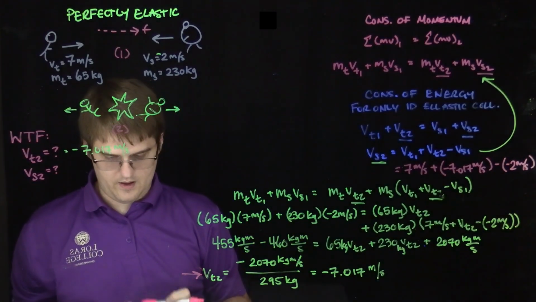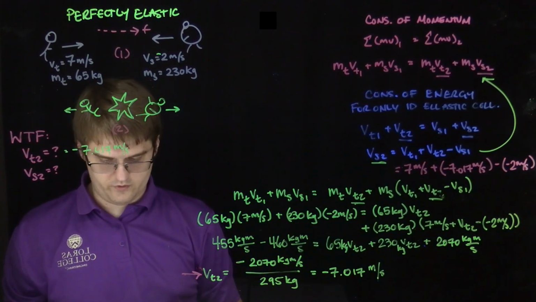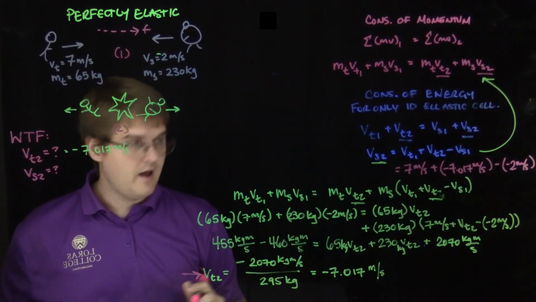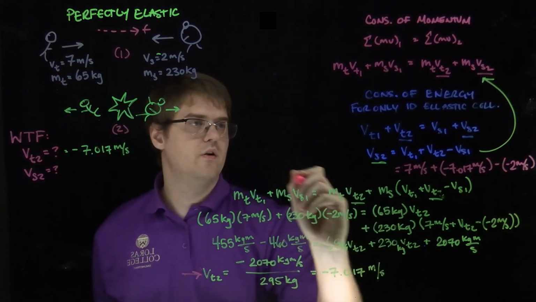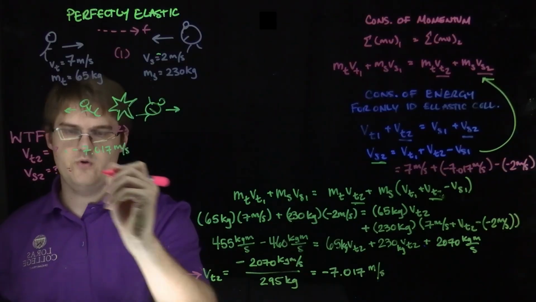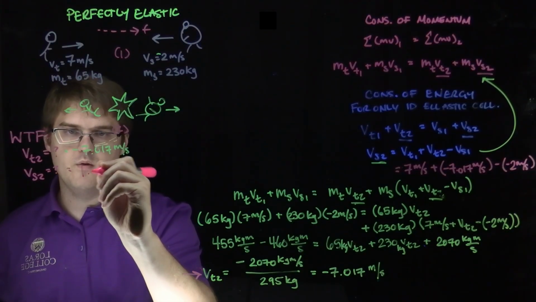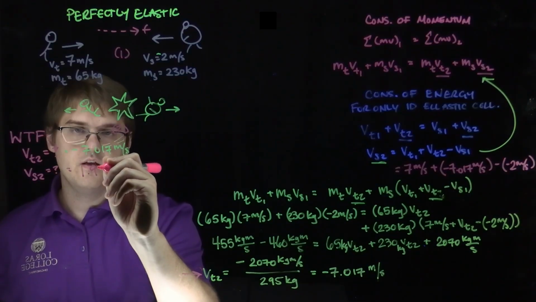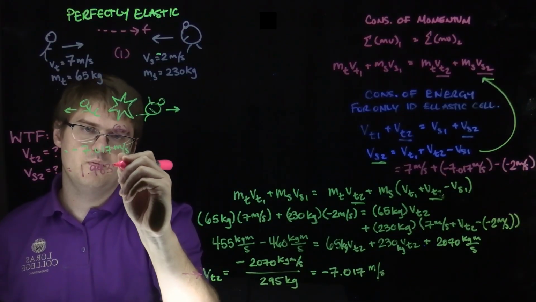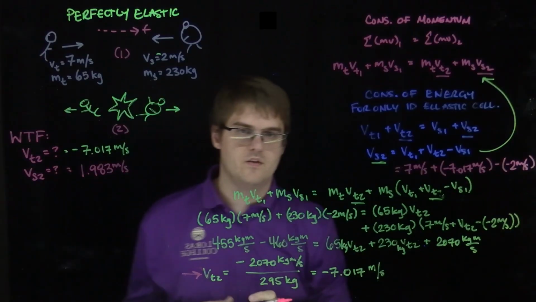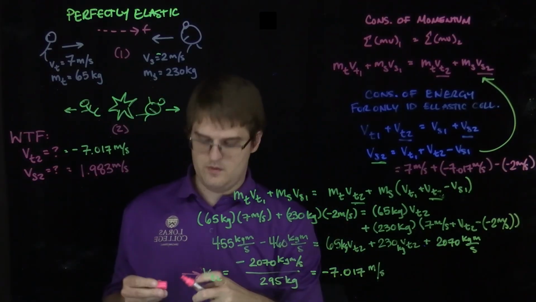I add all of those up. I get that the velocity of the sumo wrestler at 2 is now positive 1.983 meters per second. So he is also going backwards.